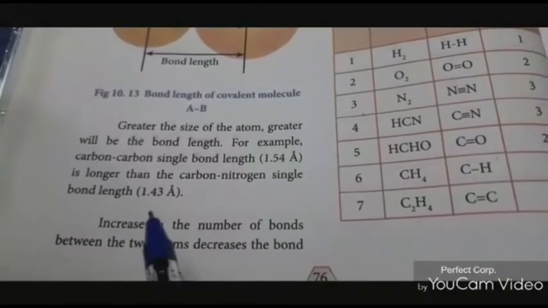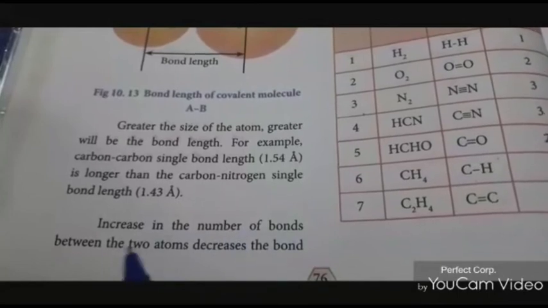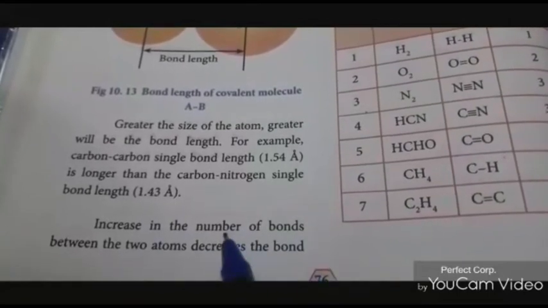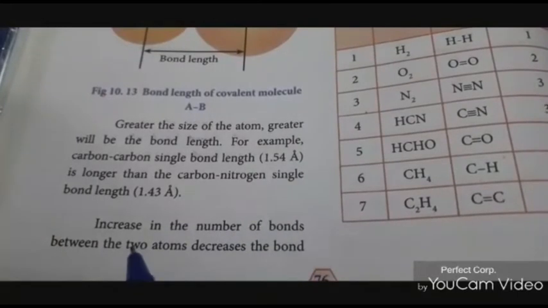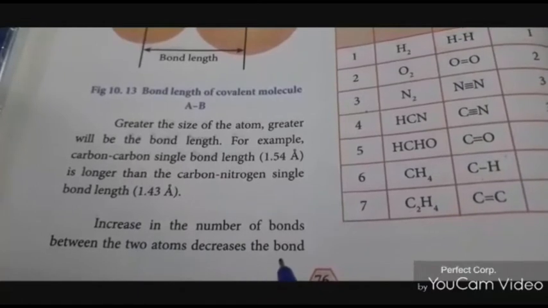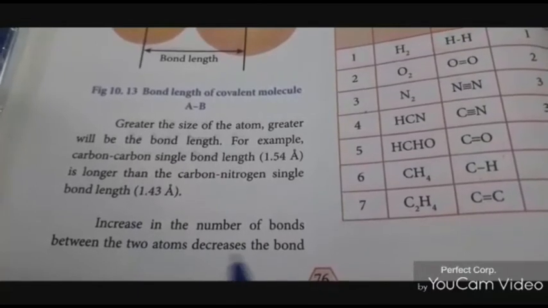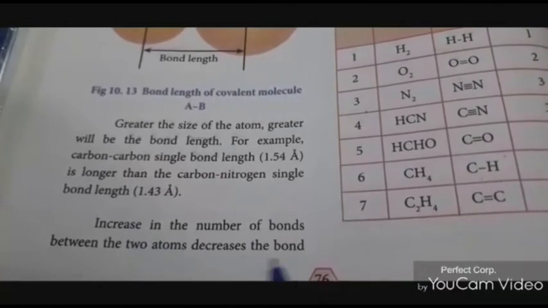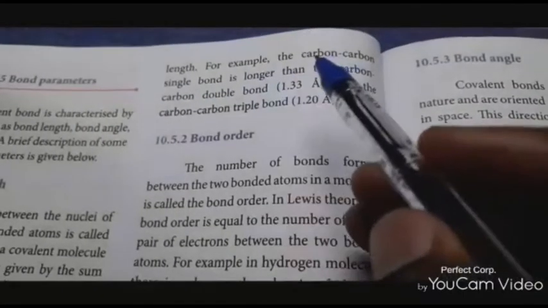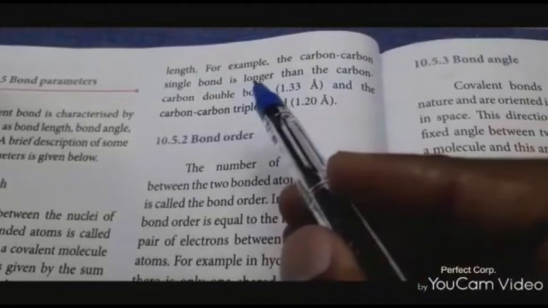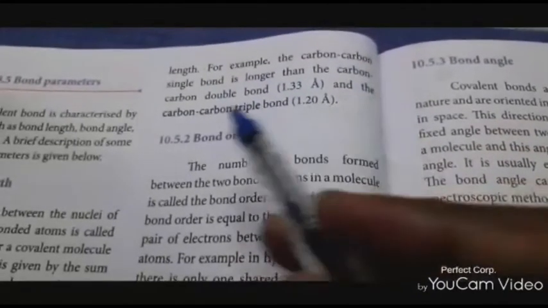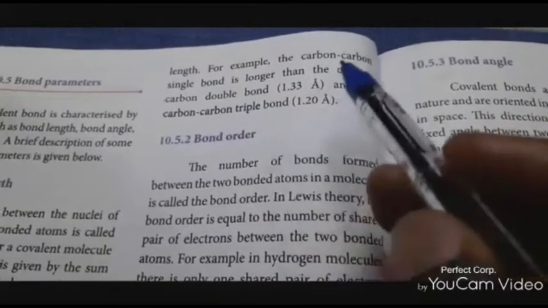Next one, increase in the number of bonds between the two atoms decreases the bond length. It should be explained using an example. For example, the carbon-carbon single bond is longer than the carbon-carbon double bond and the carbon-carbon triple bond.